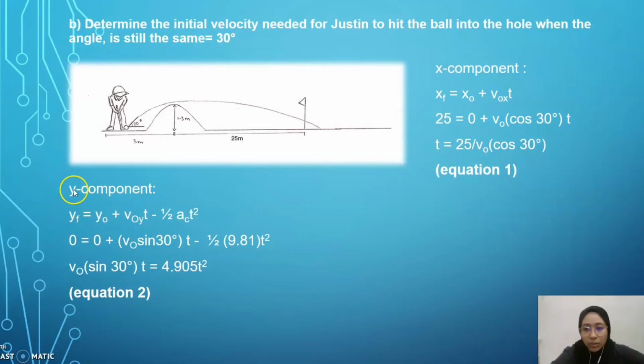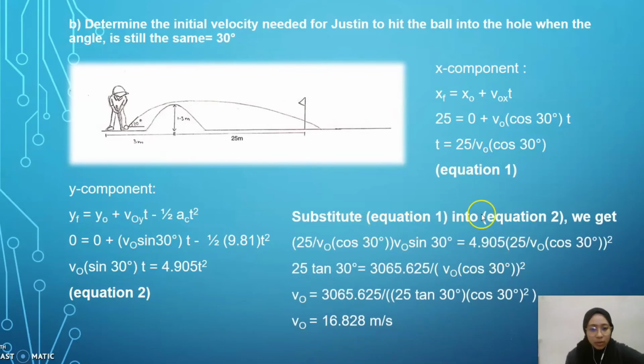Next we solve the y component by using this equation. y f and y0 is 0, and then v in the y component is v0 sin 30 times t minus 1 over 2 a t squared, where a is 9.81 times t squared. Then we have this equation and we substitute equation 1 into equation 2.